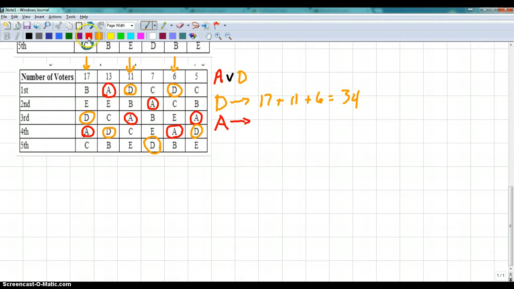And then for A, we'll see that that takes precedence in the second, fourth, and sixth column. So we're looking at 13 plus 7 plus 5, which is going to be 25. So we will go ahead and award 1 point for C and no points for A.